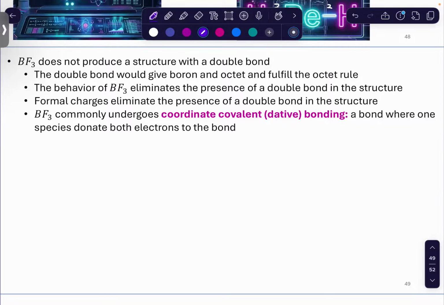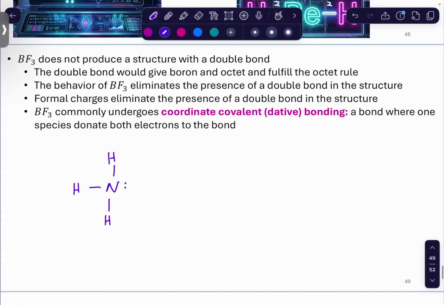And so let's look at what we have. Let's say we have ammonia, and we have our boron trifluoride.